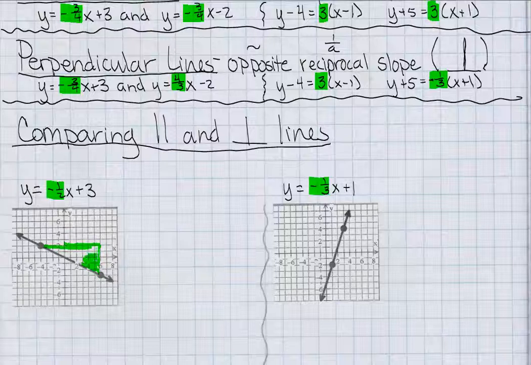So here's my triangle. And my vertical rise is 1, 2, 3, 4, 5. So that's 5. If you just count, 1, 2, 3, 4, 5, 6, 7, 8, 9, 10. So this one's 10.